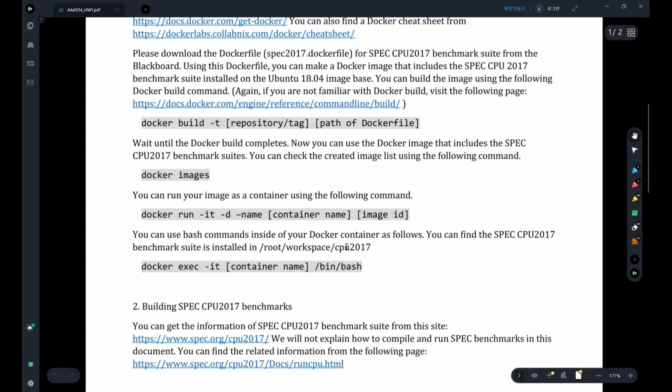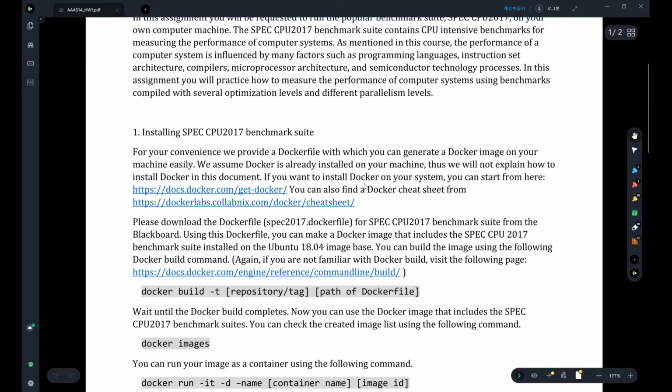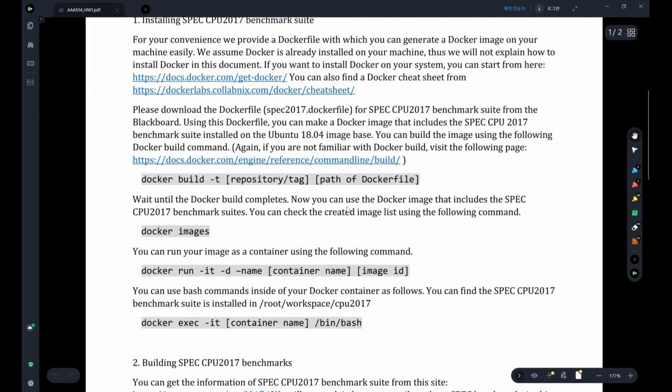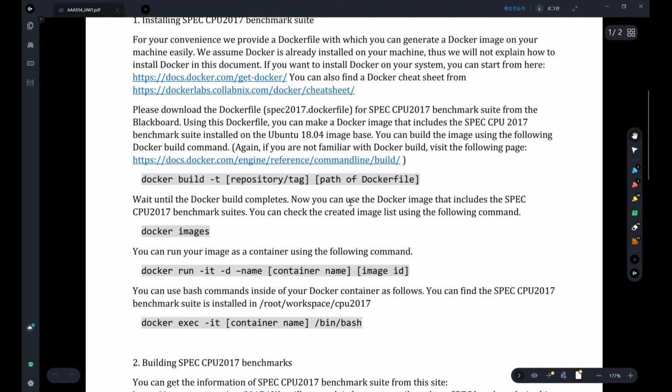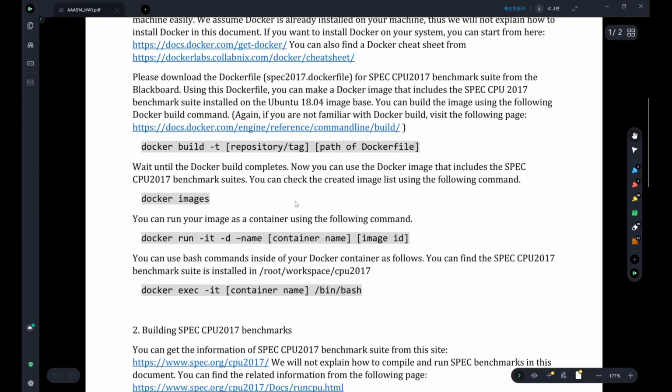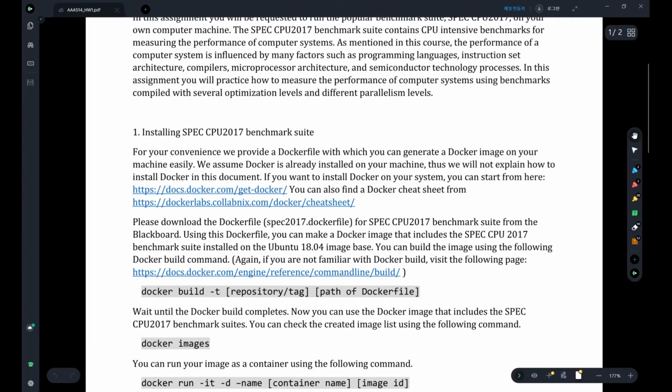You can install the Docker engine on your Windows or Linux operating system. I recommend using Linux because you are taking the computer architecture course, so it's good to use Linux for this case. But anyway, you can install Docker engines on Windows or Linux, and then use this Dockerfile. You can find the Dockerfile here.